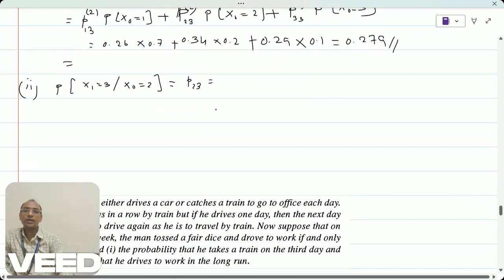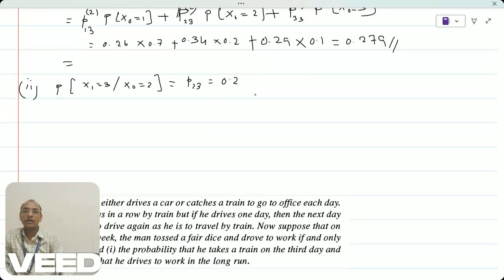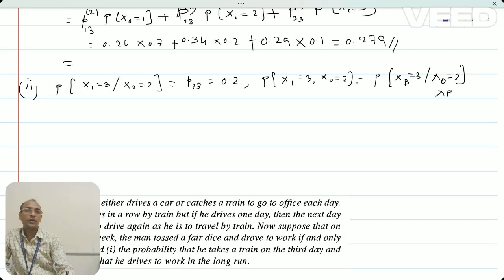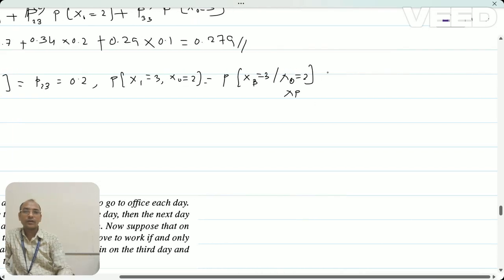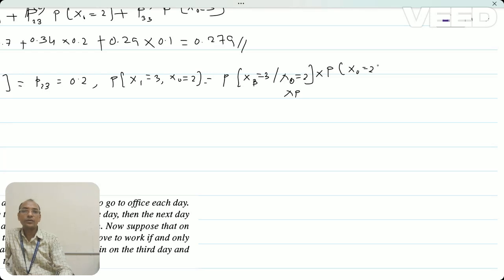Next, after finding this, I will find the probability of X1 equal to 3 and X0 equal to 2. That is equivalent to saying the probability X1 equal to 3 given X0 equal to 2 into the probability of X0 equal to 2.